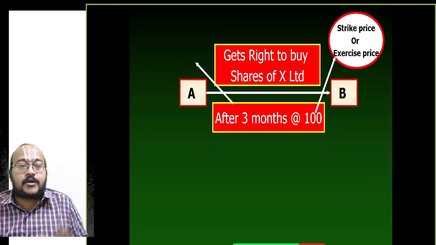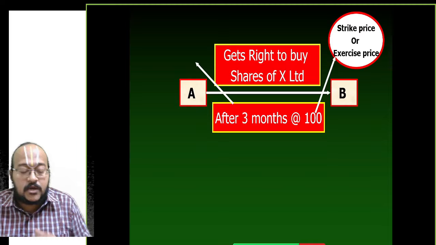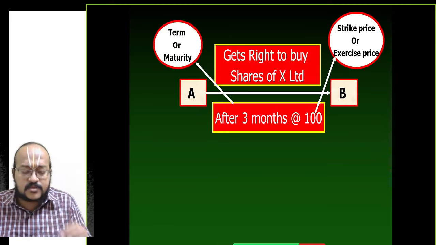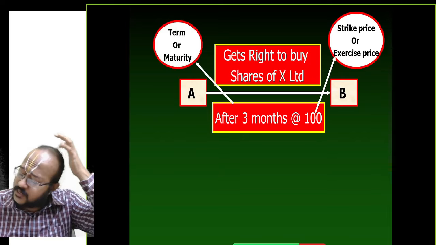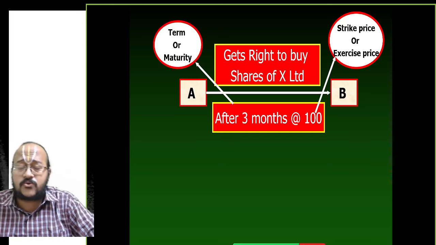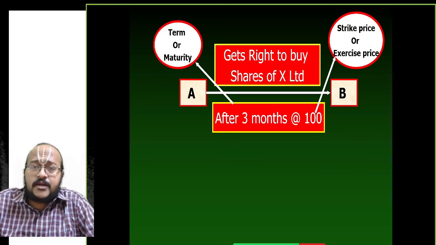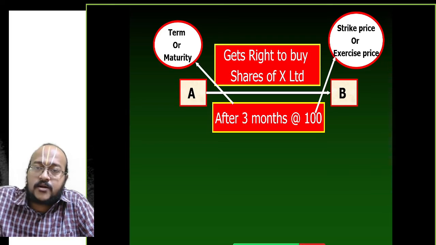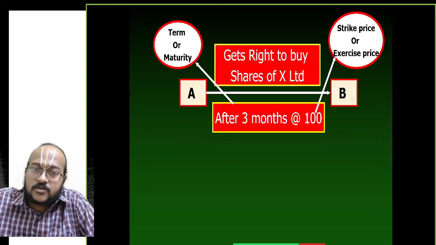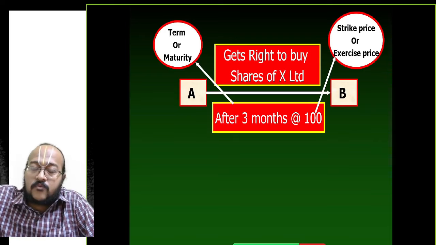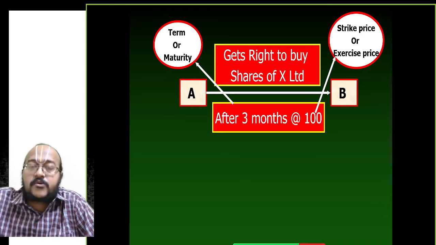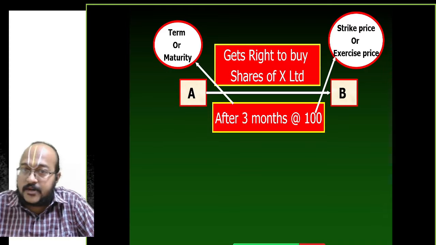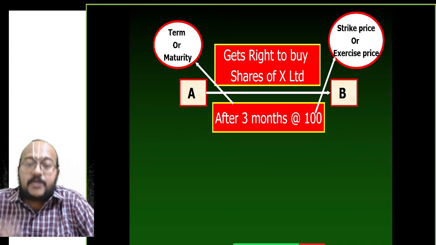I have told you, in the derivative segment, this is the term of the option. If you notice, on any given date there are 3 contracts available with different maturity dates: 1 month, 2 month and 3 month option contracts. This is called the maturity period.